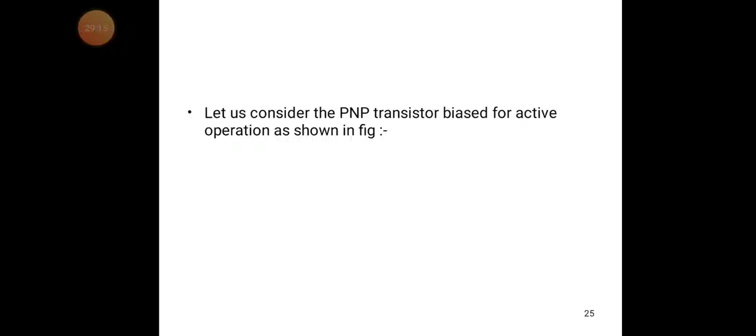Now we see the active biasing. We try to discuss the different biasings for the PNP transistor or NPN transistor. For understanding, we use one transistor, a PNP transistor, and see how it is working.